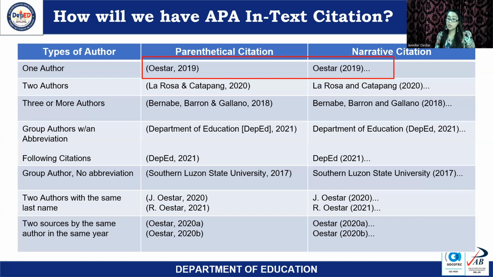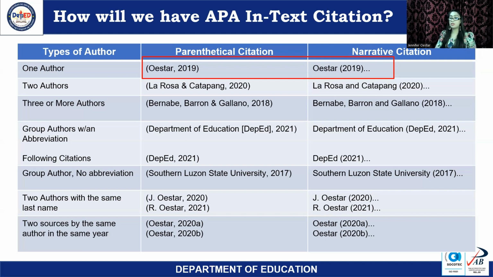In narrative citation, Bernabe, Baron, and Galliano, parenthesis, 2018. Group authors with an abbreviation: Department of Education, DepEd, 2021.